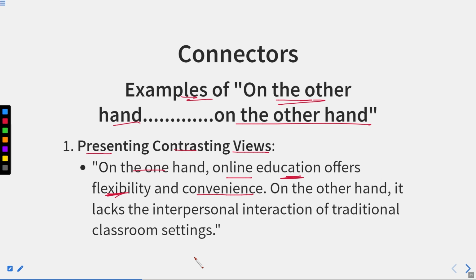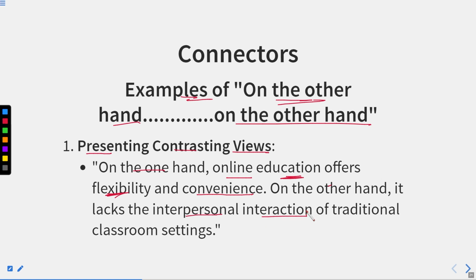And it provides flexibility because we can read from anywhere. For example, if someone is not feeling well, he can sit at some place and take the classes. Maybe some people can take the classes afterwards by recording them as per their convenience. On the other hand, it lacks interpersonal interaction.